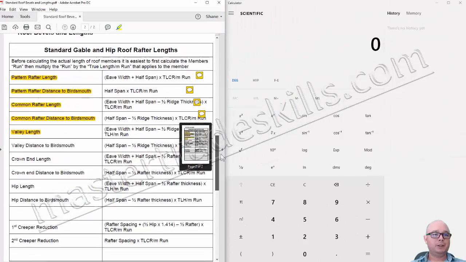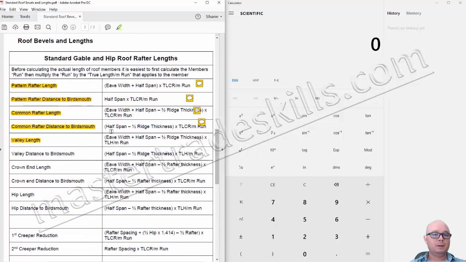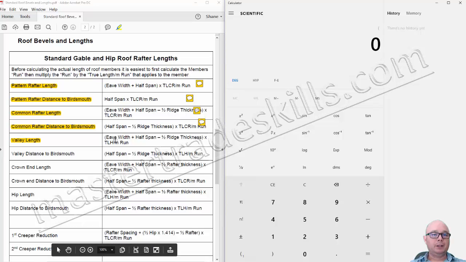So going back to the valley length calculation. We know that the true length of hip per metre run is 1.527 now, and we can input that information into the calculator. So again, we start with the brackets. The eave width is 600 millimetres, so 0.600 in metres.